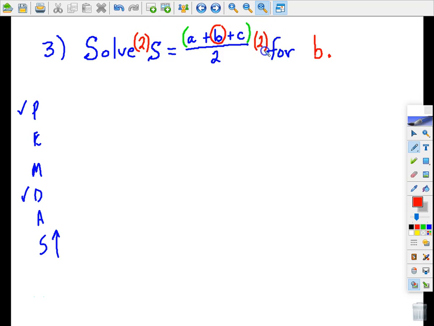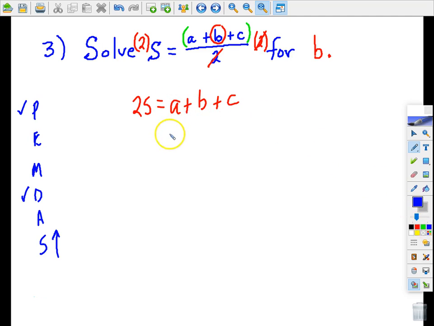So here I'm showing multiplying by 2 on both sides, and that's going to give me 2s. On the right side, the result of multiplying by 2 undoes this dividing by 2. You can think of those as canceling each other, and the result is going to be the numerator, a plus b plus c. Well, I have the same operation being performed by 2 different numbers, so we can just combine them into one step.